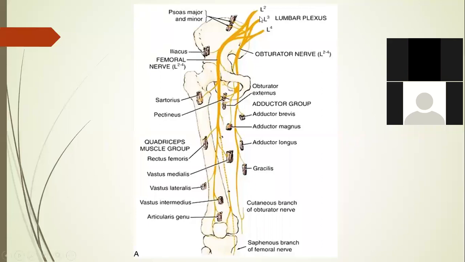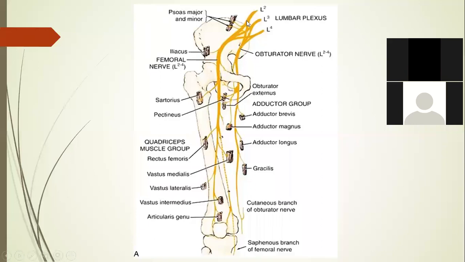Here, this is the root value L2, L3 and L4, for both the femoral nerve as well as the obturator nerve. The posterior deviants of L1, L2 and L3 join to form the femoral nerve, and the anterior deviants of L2, L3 and L4 join to form the obturator nerve.